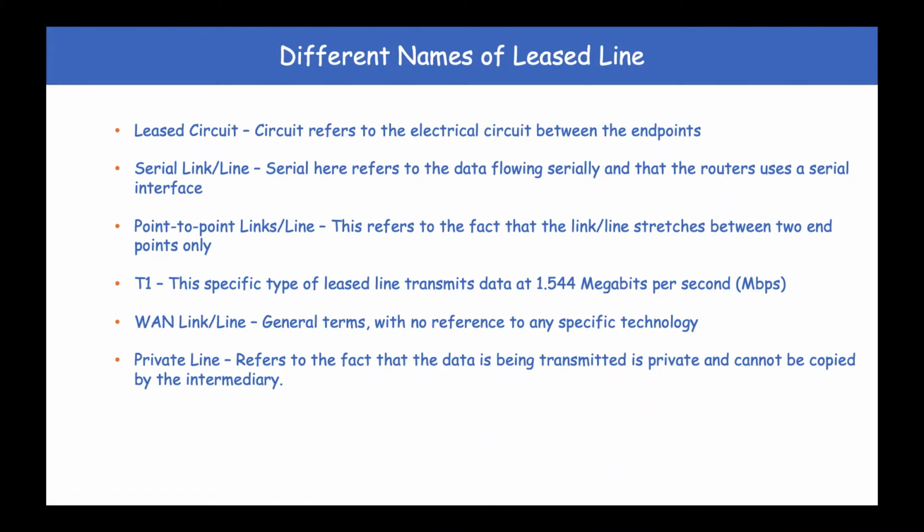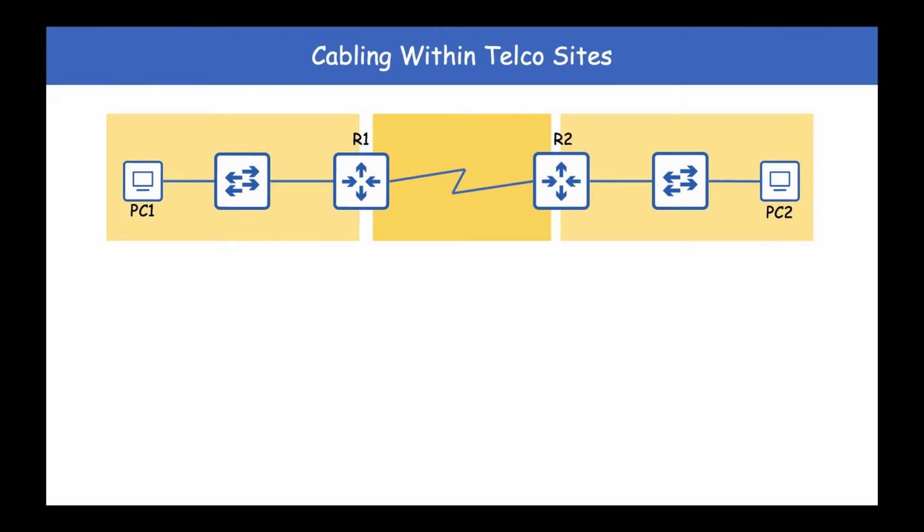A private line is a factual representation that the data is being transmitted privately and cannot be copied by any intermediary in between. As in the last slide, I was telling you that the two endpoints connecting, that is R1 and R2, like in the diagram shown, are just connected by a single crooked line.